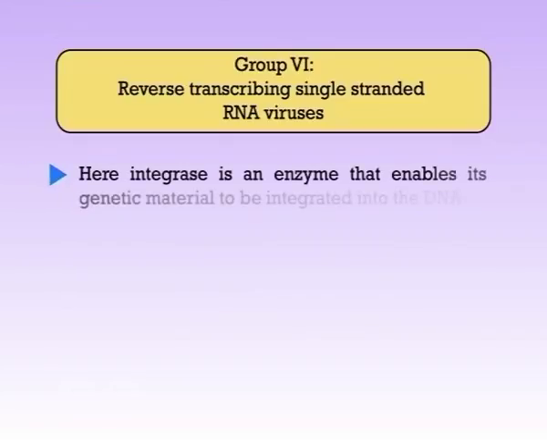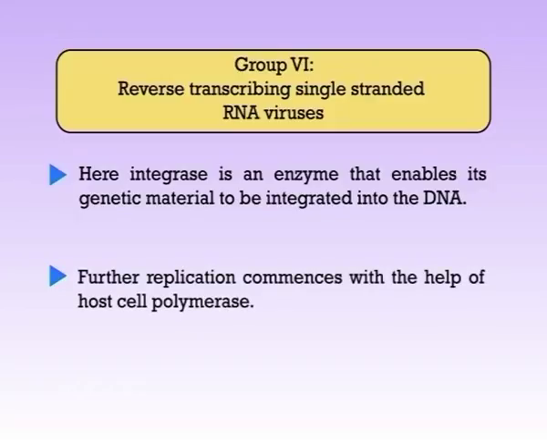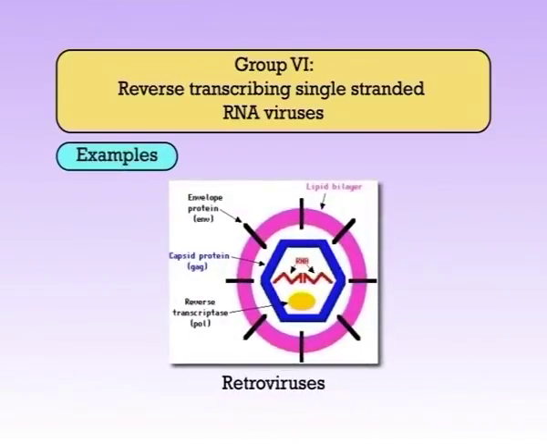Here, integrase is an enzyme that enables its genetic material to be integrated into the DNA. Then further, replication commences with the help of host cell polymerase. The retroviruses are the example of this group of viruses.